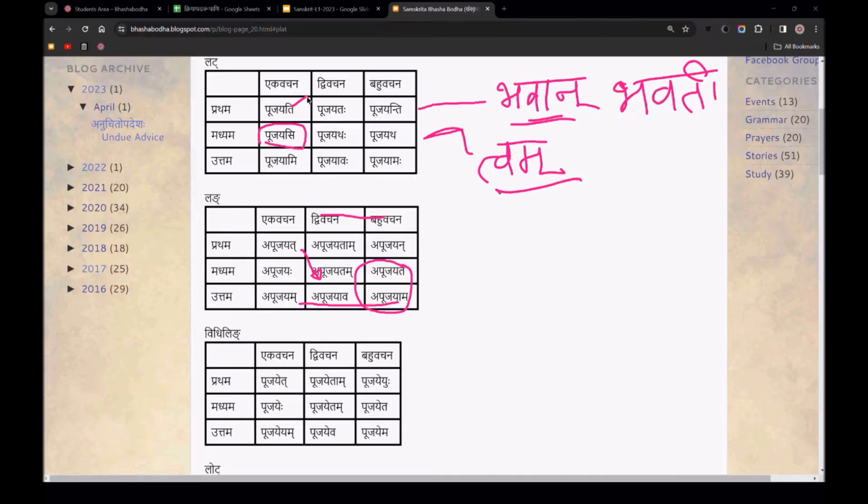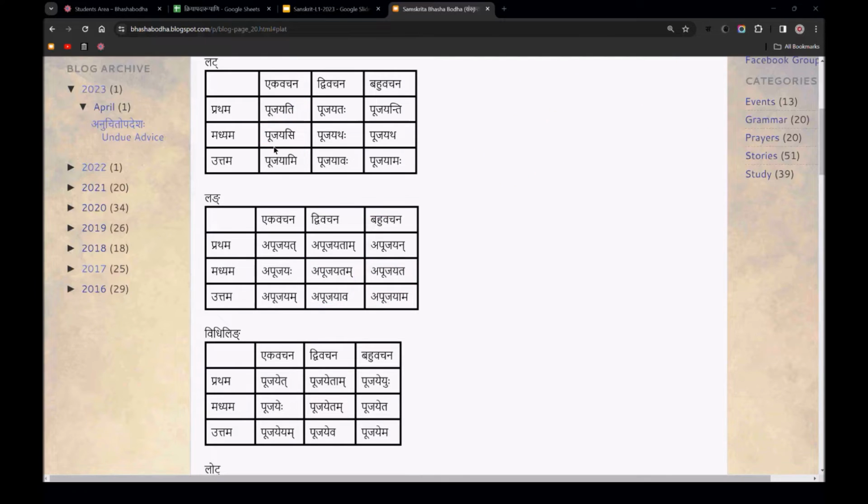So it becomes bhavan pujayati or bhavati pujayati, because bhavati is Strilinga, but the verb doesn't have a linga, so pujayati is the same. Pujayati is used in both cases. Bhavan pujayati, bhavati pujayati means you are worshipping, whether male or female. But if you use tvam, then you use pujayasi. Tvam pujayasi. You are worshipping.